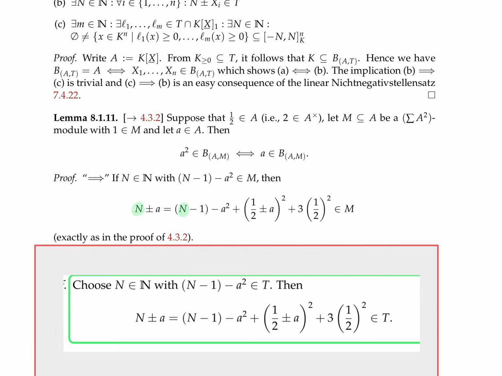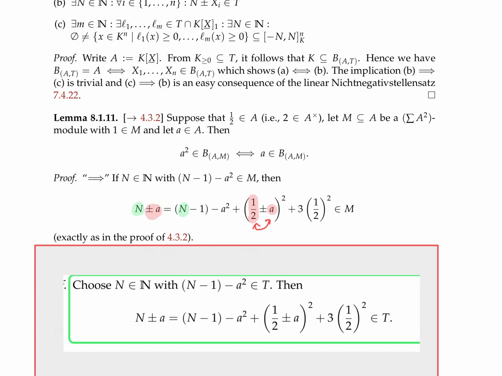the plus or minus a comes somehow, if I take this times this and the other way around, right? This gives me two mixed terms, which I add up to the same thing. And they add up to this plus or minus a.